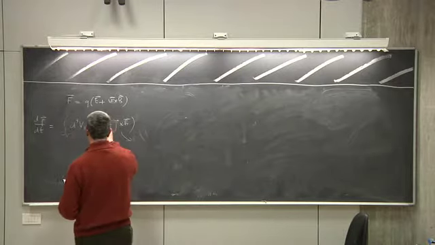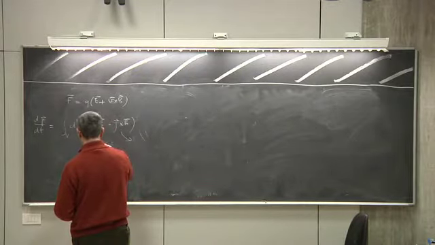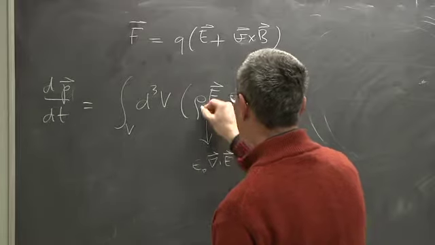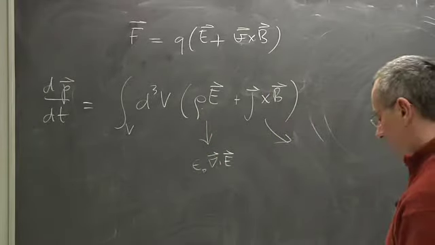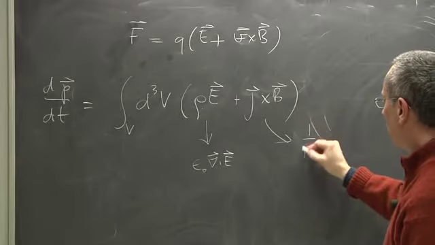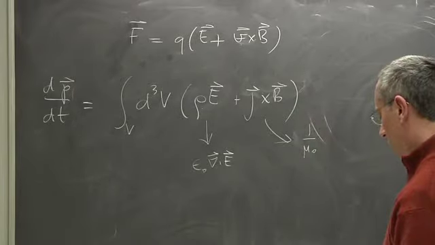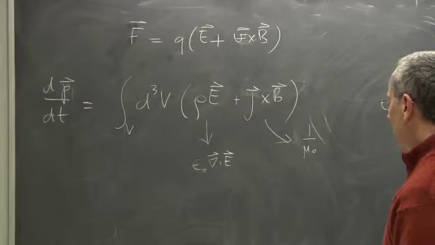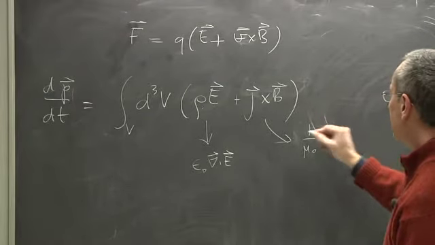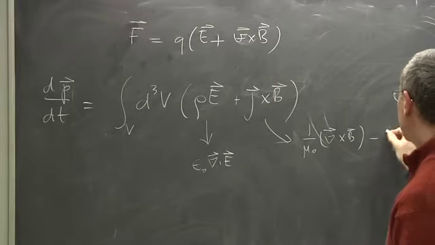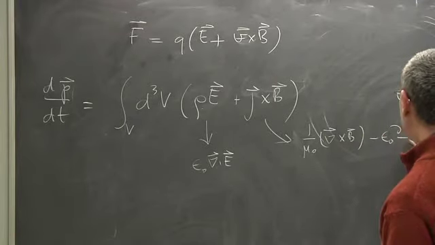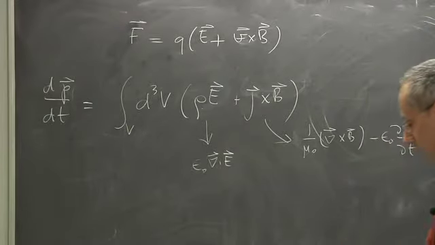So this is epsilon naught, the divergence of E, right, this Coulomb law. And again, I replace J by, well, now I decide to use mu naught instead of epsilon naught c squared. So this J is the curl of B minus the time derivative of the electric field. So the two Maxwell equations.